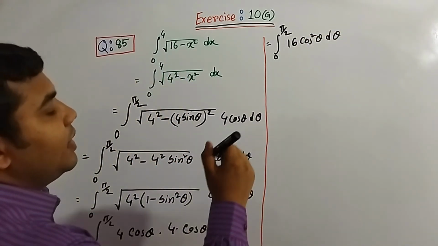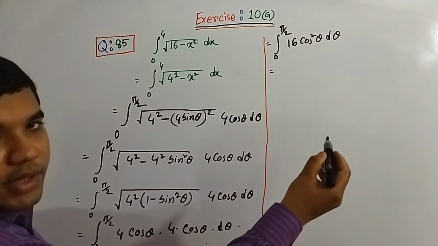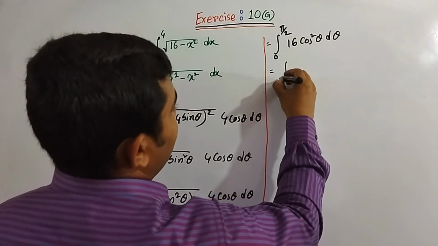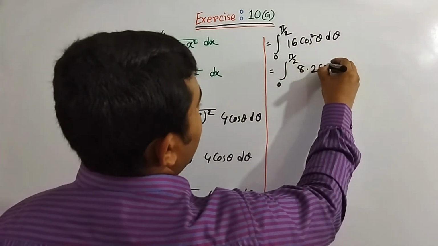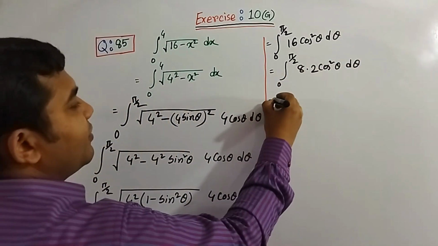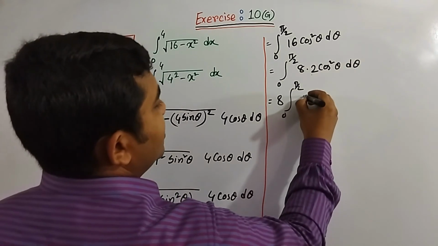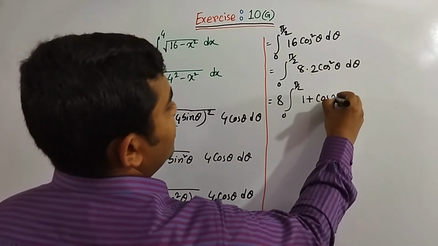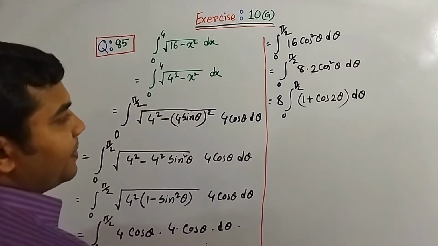Okay, now here we know a formula for 2 cos square theta. We will go for that formula now. So 8 into 2 cos square theta d theta. 8 will come in front of the integration sign, and 2 cos square theta can be written as 1 plus cos 2 theta d theta.